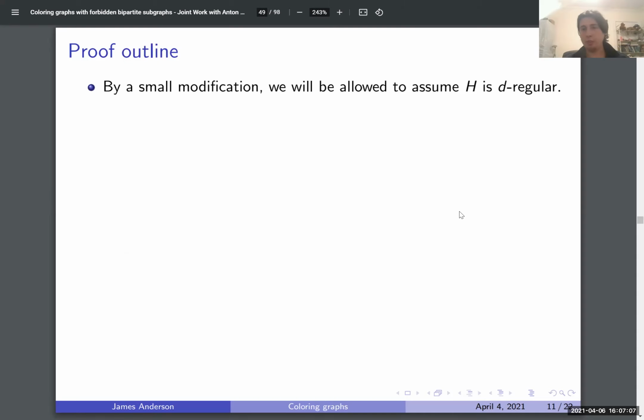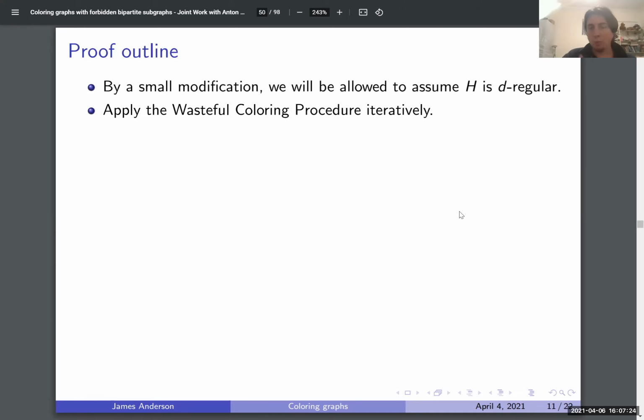So the way we prove our theorem, first, by a small modification, which I'm not going to go into the details, we'll be allowed to assume that our cover is deregular, and this will help significantly with our analysis and our calculations. So we're going to apply the wasteful coloring procedure iteratively.